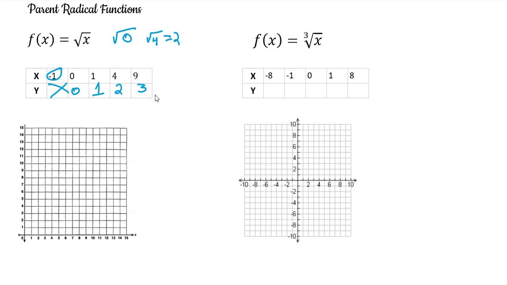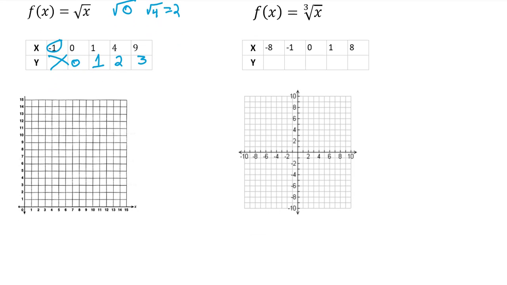So let's say if we wanted to graph this over here on the plot below. So the function will look like this. When we're at 0, we're at 0. When we're at 1, we're at 1. When we're at 4, we're going to be at 2. And when we're at 9, we're going to be at 3, and so on.